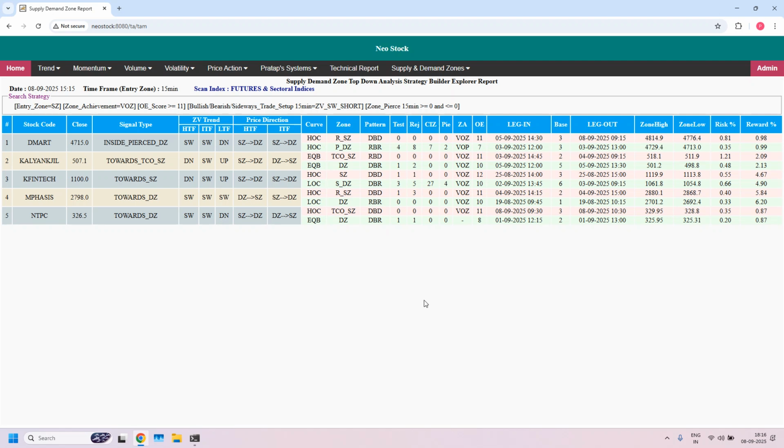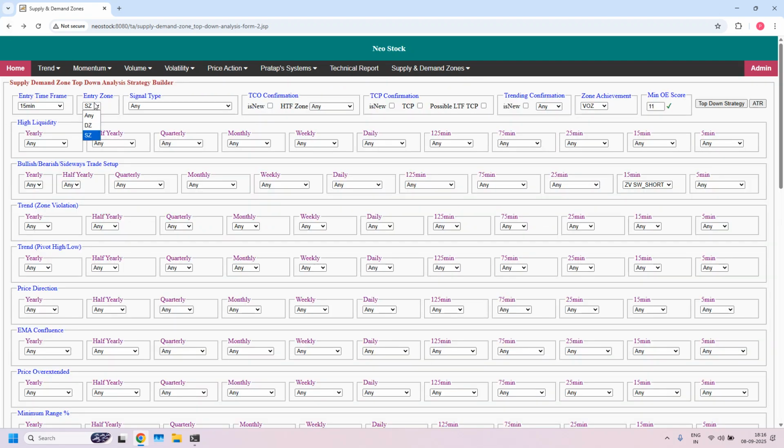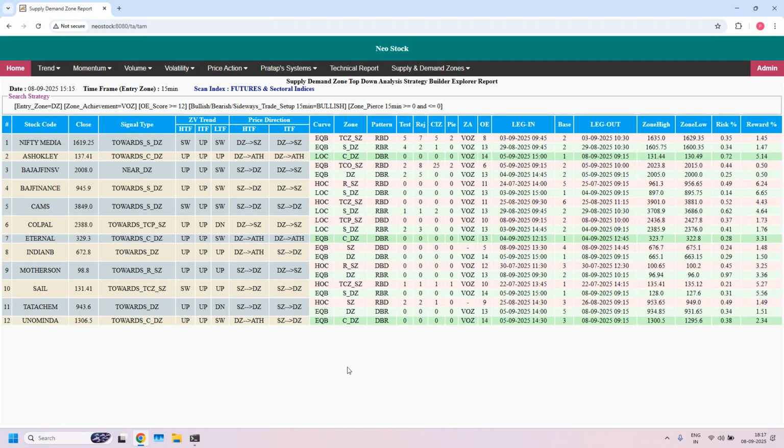Okay, now bullish trade setup, entry time frame zone 15 minutes demand zone, bullish trade setup for daily income trade. And here bullish and minimum order enhancer score 12. Let's filter. We got 12 stocks. All these 12 are supporting bullish trade setup for daily income trade, and entry time frame zones are 15 minutes demand zones.